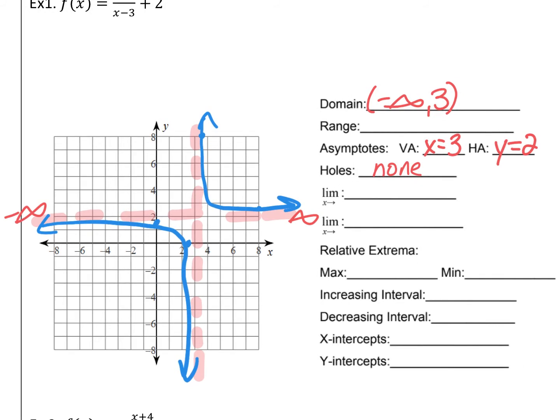Domain is all about x values, okay? So we're never going to use the horizontal asymptote in the domain. It's only going to be the vertical. So then we pick back up on the other side of that wall, which is still 3 to what? Infinity. And notice I didn't use any brackets on that, right? Because it can't equal 3. It's an asymptote. That's why we use parentheses, okay? So knowing that, okay, knowing that range is going to work very similar, what should we put for the range?